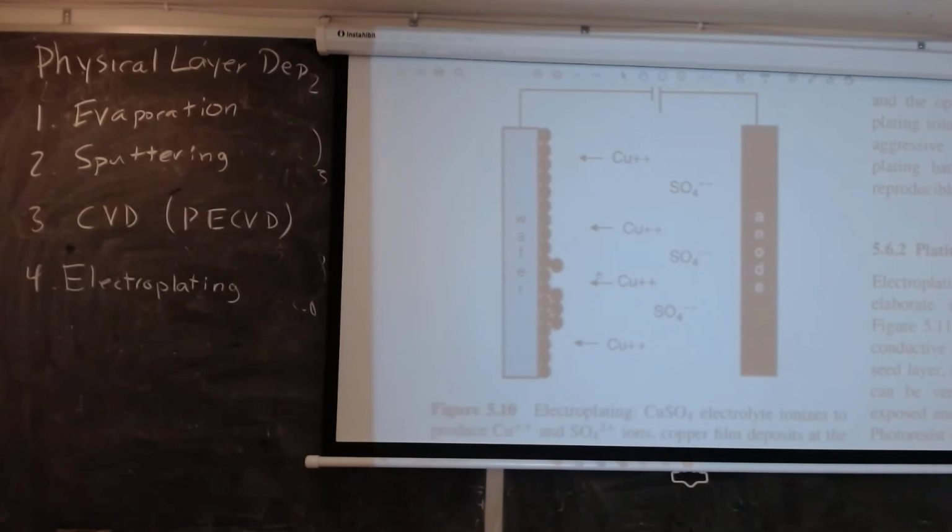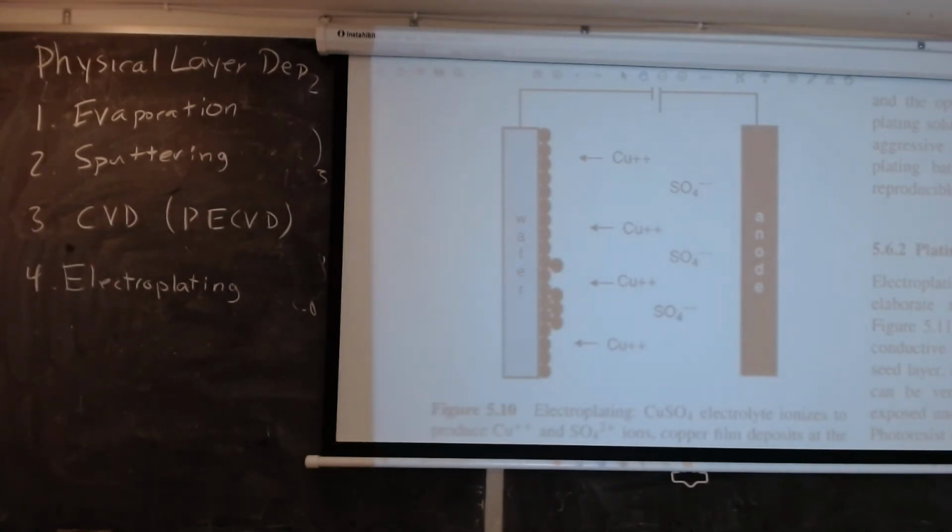You put in an electrolyte, a liquid, such that it ionizes into metal atoms, and then you use the right signs. For this example, cupric sulfate ionizes into positive copper atoms, and so you negatively charge the wafer, and the copper atoms go flying over and start forming a layer.